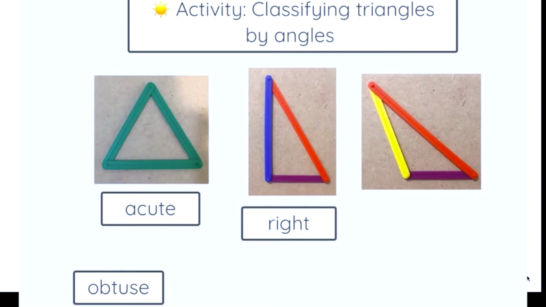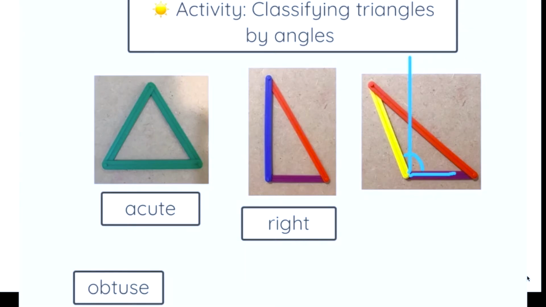Looking at our last triangle, we can see that its largest angle is obtuse, and that angle is right here, meaning that it's larger than 90 degrees. A way that you can use to help you determine this is to just draw a straight line up from this bottom ray, and you know that that would be 90 degrees.